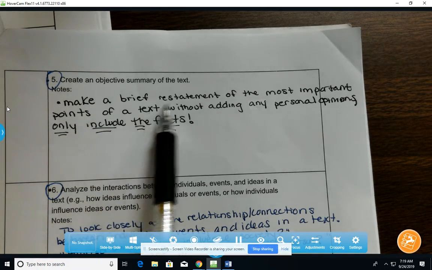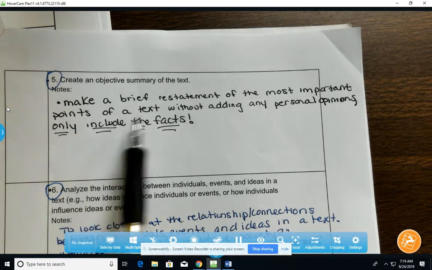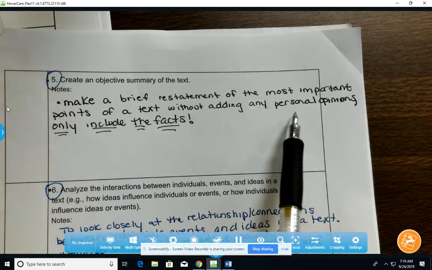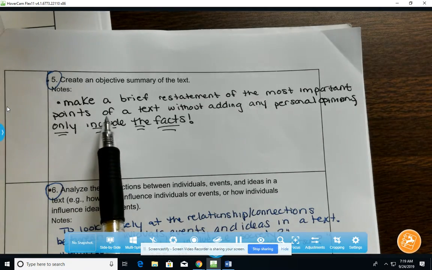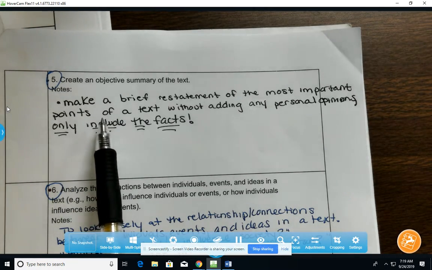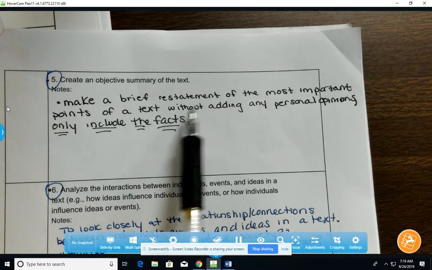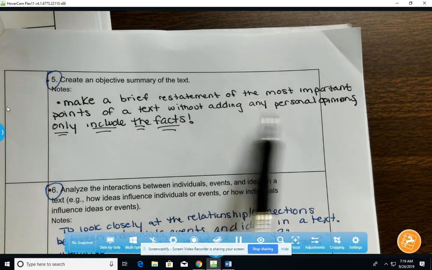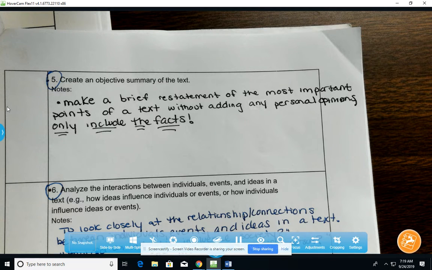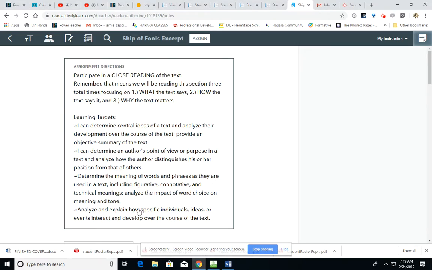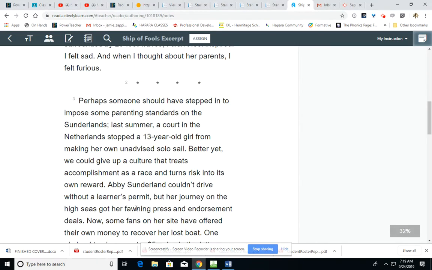Remember, as we make a summary, we are using only the facts. We're staying away from personal opinions because it's an objective summary of what's happening in that section. So we need to make sure that it's brief, includes the most important points, doesn't contain any personal opinions, and includes only the facts. Those are the learning targets that connect to the first phase of the reading.